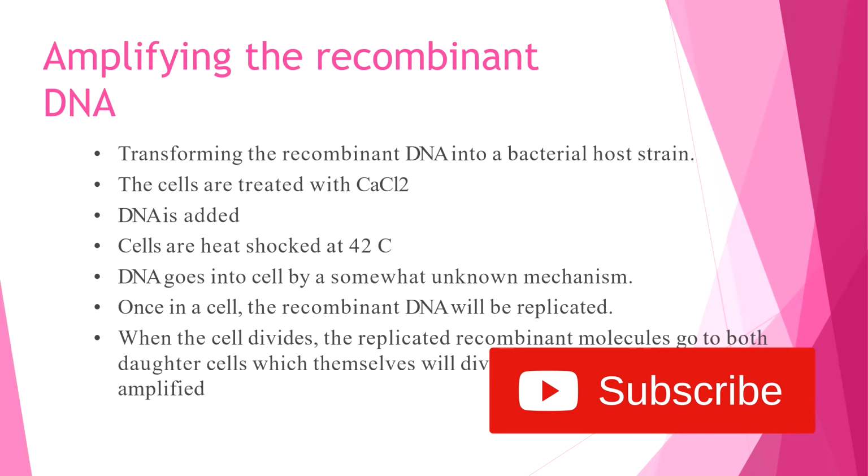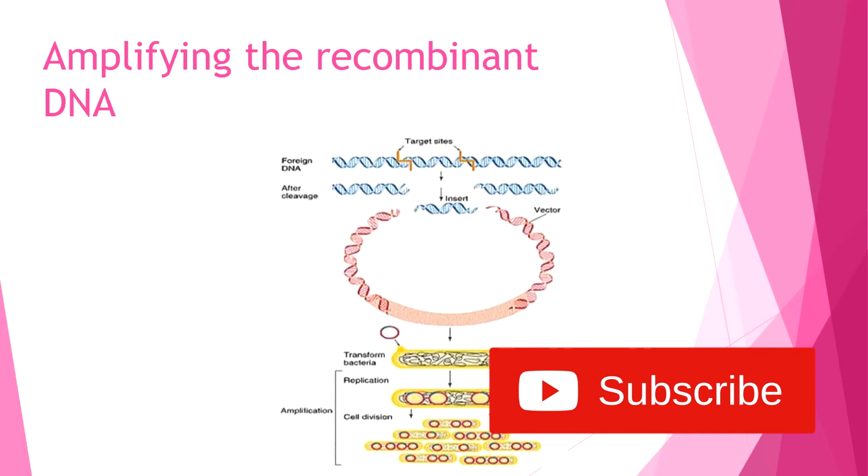Once in a cell, the recombinant DNA will be replicated further. That is a natural process. When the bacteria undergo division, at the same time all the recombinant DNA that entered the cell by transformation will be replicated again, or will increase in number. Thus the recombinant DNA is amplified.